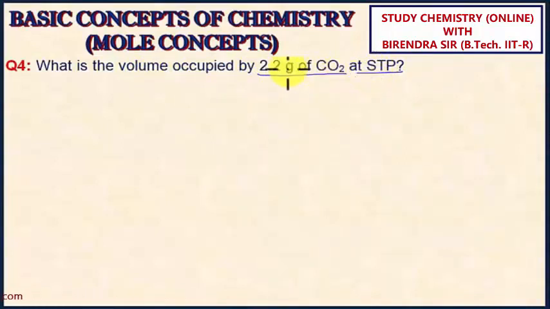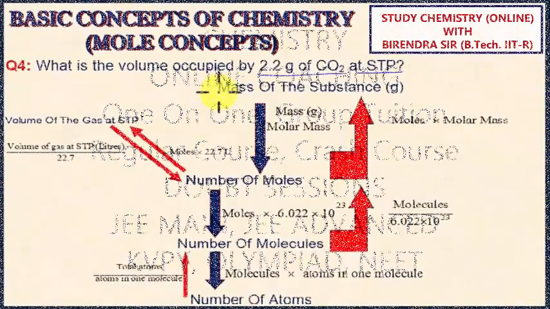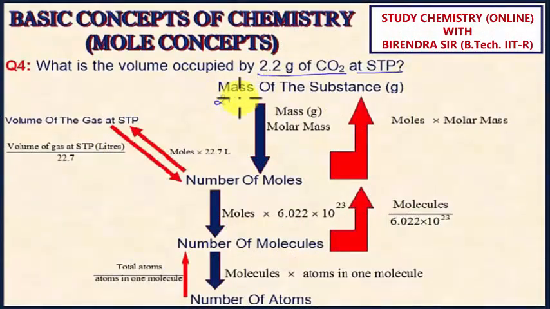So again I can use the chart to solve this question. So 2.2 grams CO2 is given, and the question says find the volume occupied by the gas. So we have to find the volume of the gas at STP.